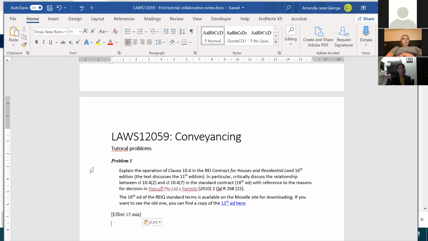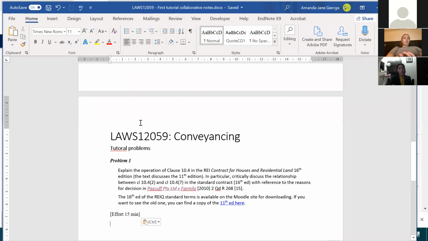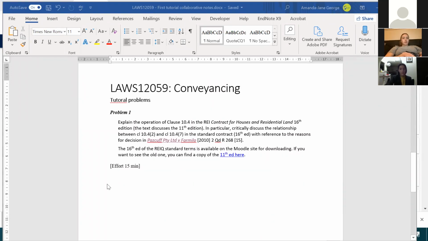So, 10.4, what's 10.4 all about? Anyone manage to have a look at that? Did anyone go and have a look at the REIQ contract on Moodle? Yep, it's all about notices. Sweet, it sure is. And what does 10.42 tell us? Notices may be given and received by the parties' solicitors.